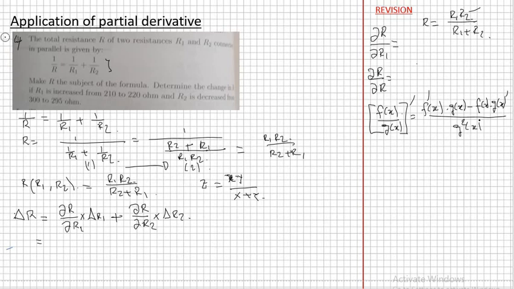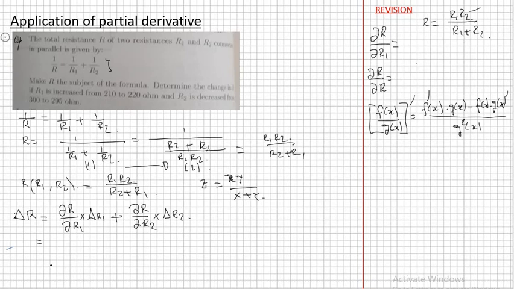You are going to apply this formula here because we actually have a function which is made of the division of two functions. On top we have the first function, and at the bottom we have the second function. Both functions are written in terms of the variable.